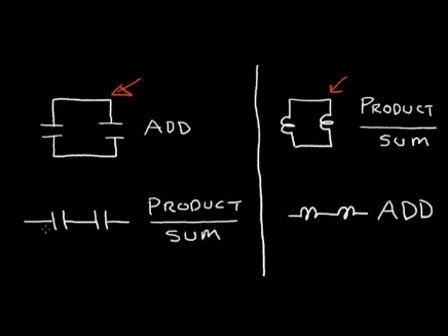But in series capacitors, the equivalent capacitor is a product over the sum. But series inductors, to get the equivalent of the series inductor, you add the two inductors together. So again, the roles are reversed between the capacitor and the inductor.